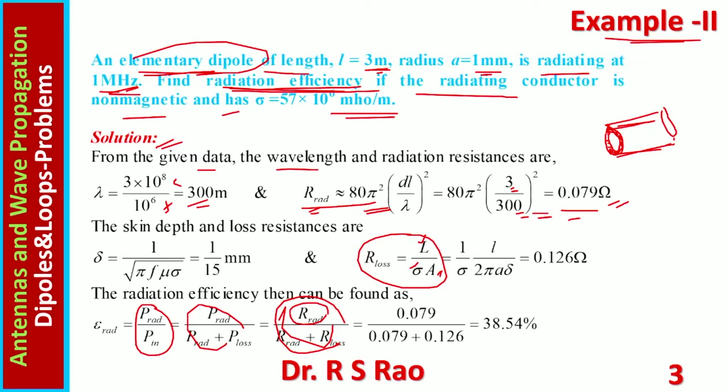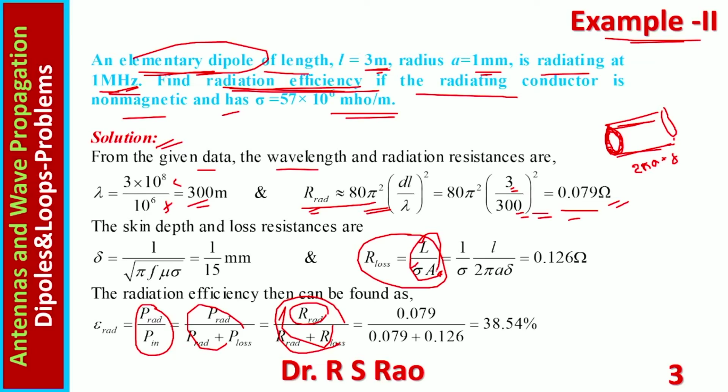The area of this layer can be found by multiplying the circumference of the conductor with the thickness of the layer. Thickness of the layer is given by skin depth, delta. L by sigma A is a standard formula for resistance of a conductor.